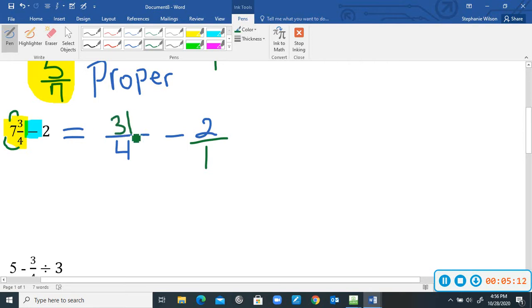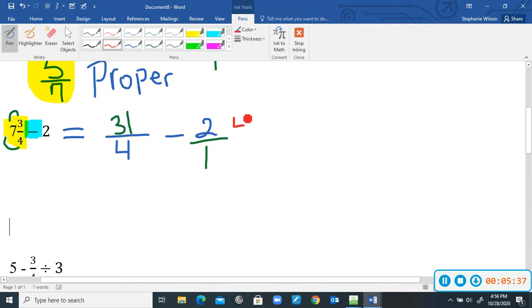So now, in order to subtract these two, I need to find the least common denominator, meaning a number that both denominators will go into. Maybe not the same amount of times, but they will go into it. So I notice that I have a 4 here, and I have a 1. 4 will go into 4, and 1 will go into 4. So 4 is my least common denominator.